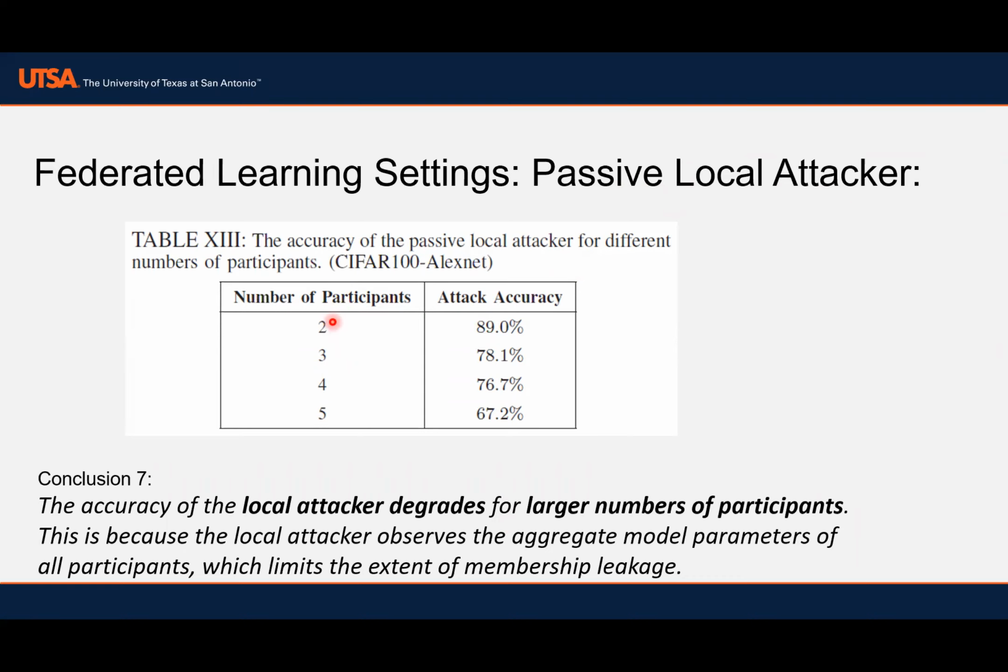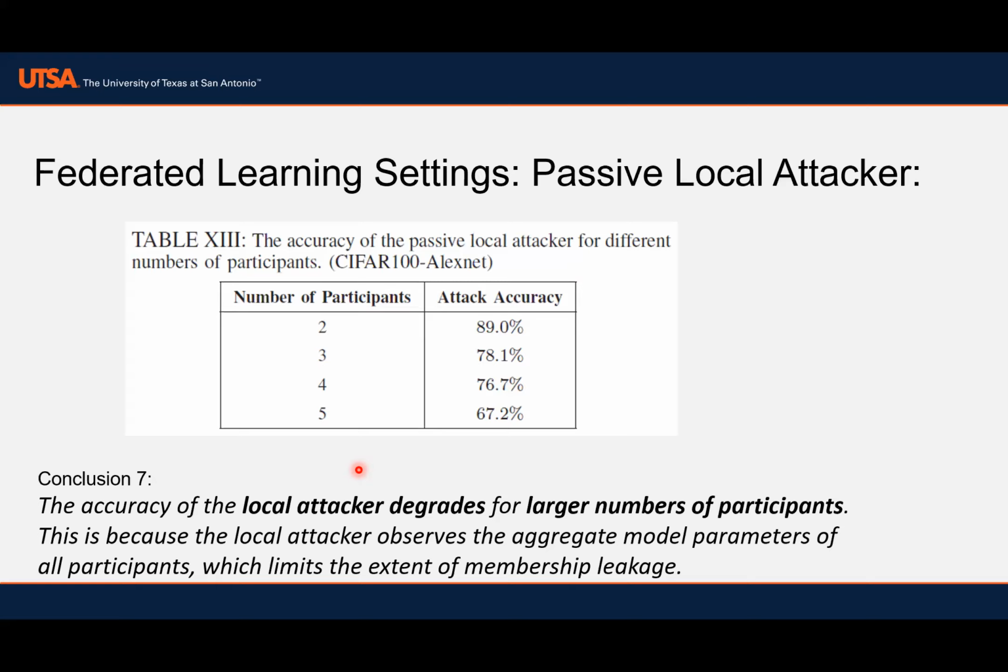They use different numbers of attacker participants, and we can see that with the increase in the number of participants, the accuracy will degrade. So the accuracy of the local attacker degrades for a large number of participants.